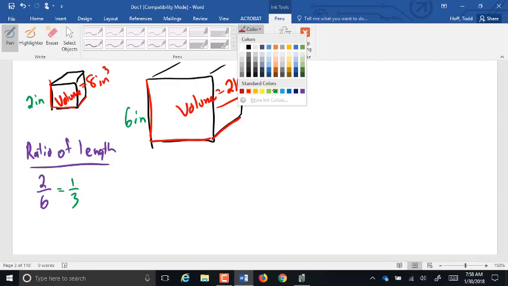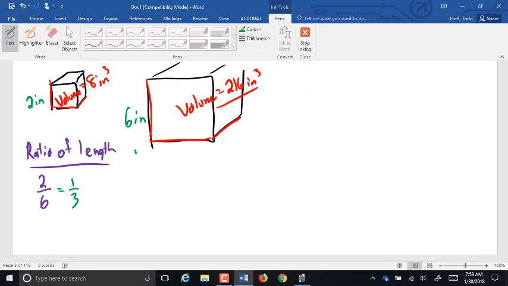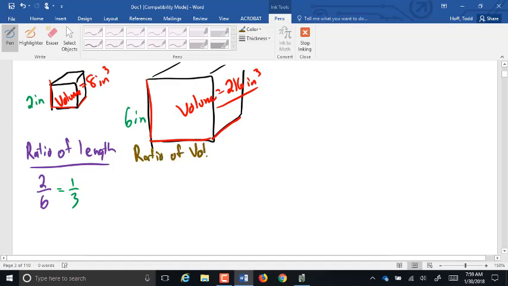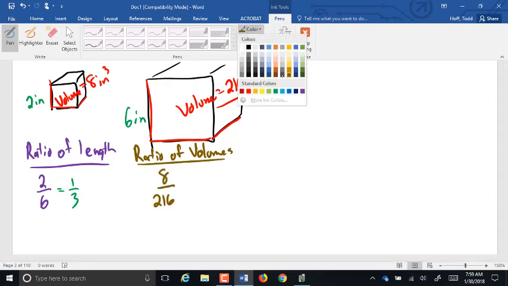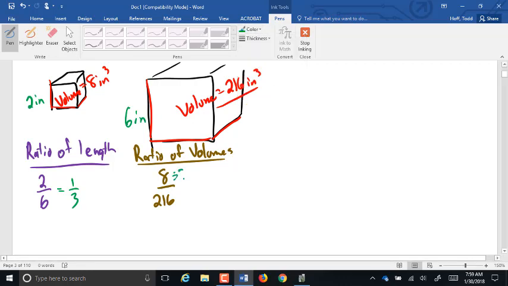So our ratio of volumes is 8 to 216. Now this does reduce. Both of those divide by 8, which gives me a 1 to, was it 32? No, 27, there we go.